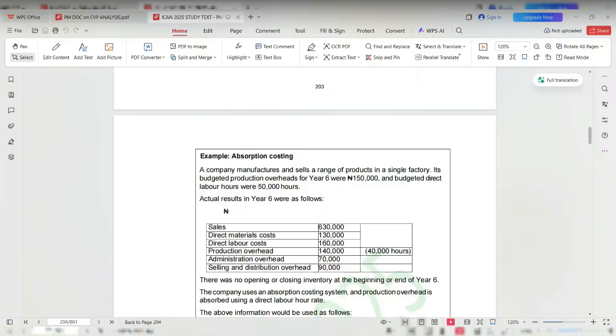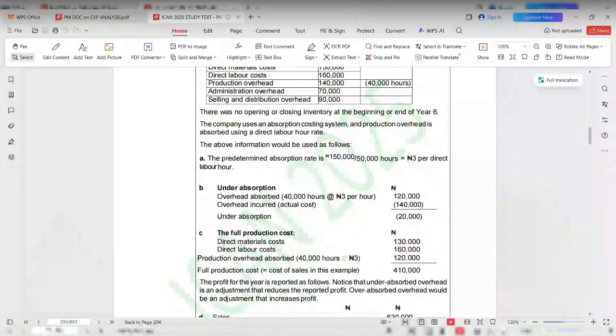So if you subtract 410,000 from 630,000, we have 220,000. Then we now subtract our under absorption, which happens to be 20,000.